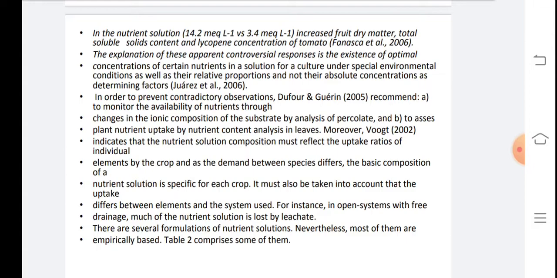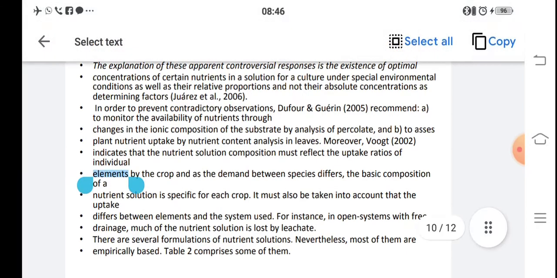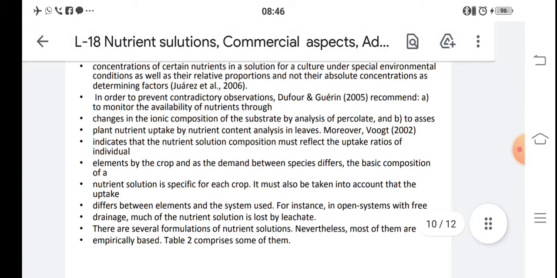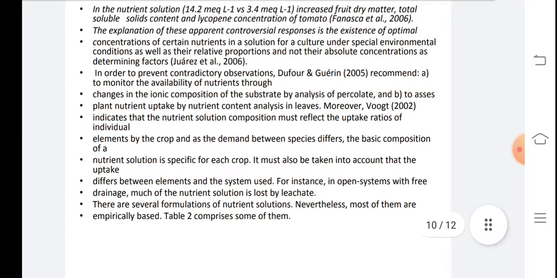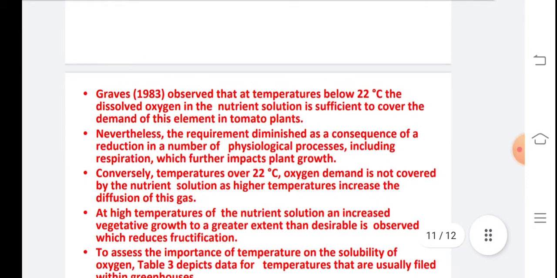Secondly, there is a study done by Juraj in 2006. Certain nutrient solutions under special environmental conditions show the relative proportion and proper concentration. Then the plant nutrient uptake generally shows in the analysis of the leaves done by the Hoopt scientist in 2002. So different examples are there.